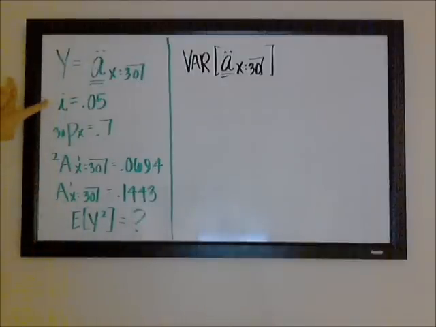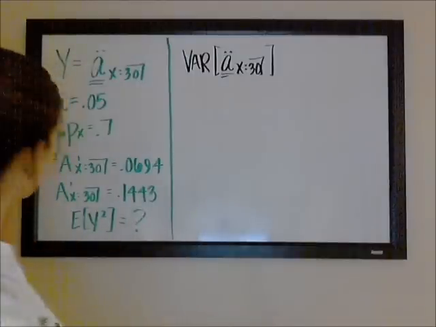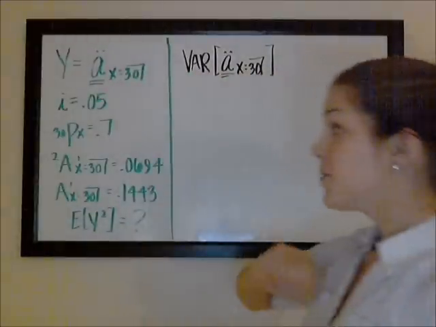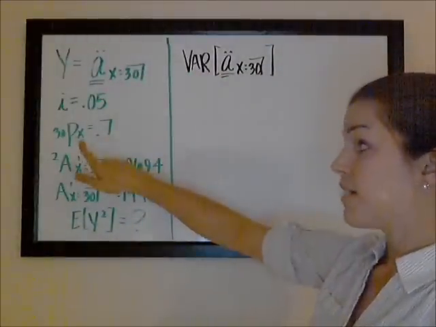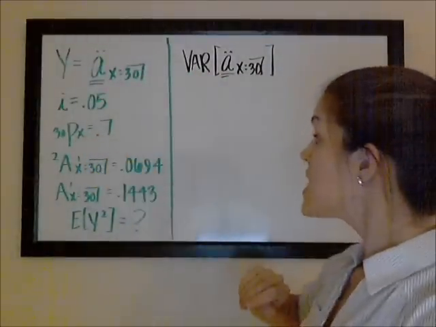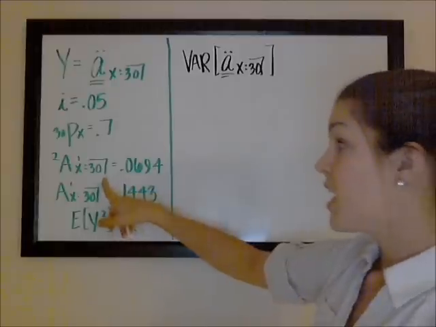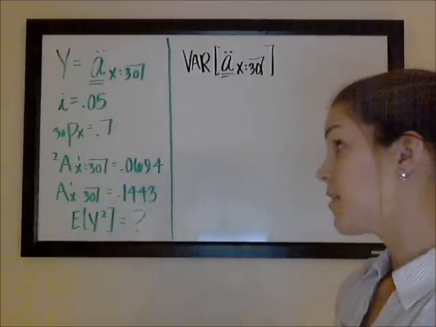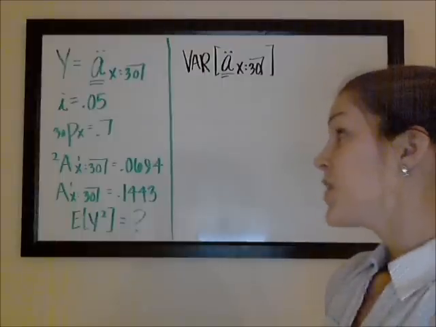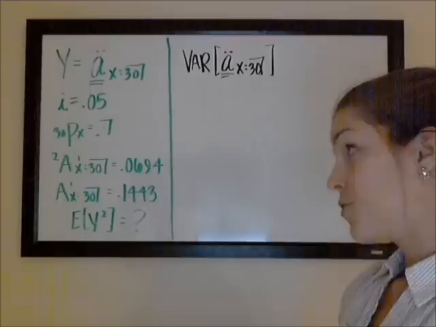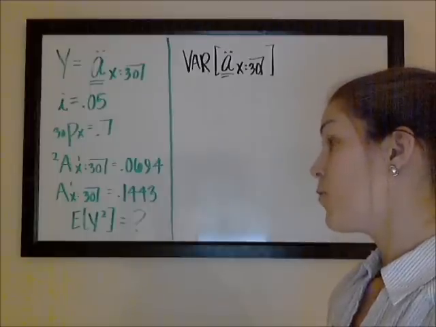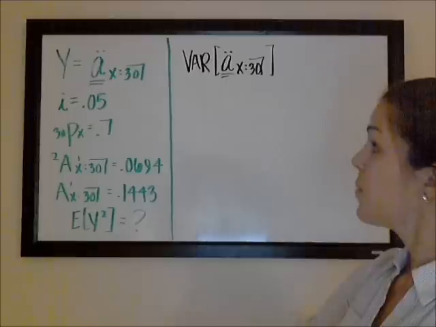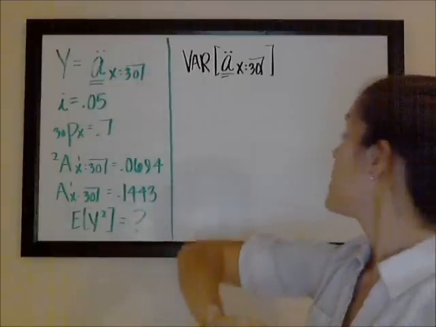We're given that the annual effective interest rate is 5%, that the probability that an X-year-old survives 30 years is 0.7, that the second moment of a 30-year term insurance on X is 0.0694, and the actuarial present value of a 30-year term insurance on X is 0.1443. And again, we're looking for the second moment of this annuity.